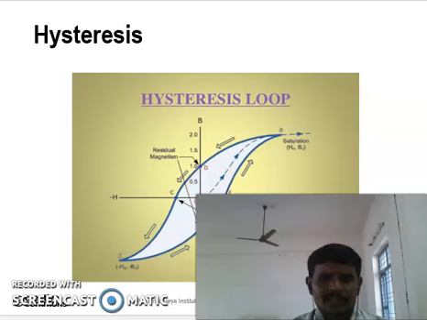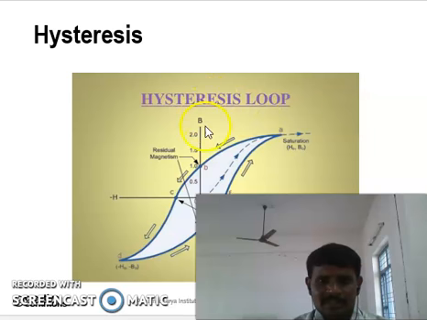For that, let us take a ferromagnetic material placed in a magnetic field. When it is placed in the magnetic field, magnetization is developed in the material with increasing field along the x-axis. The magnetization also increases and it attains a maximum value that is called saturation magnetization.